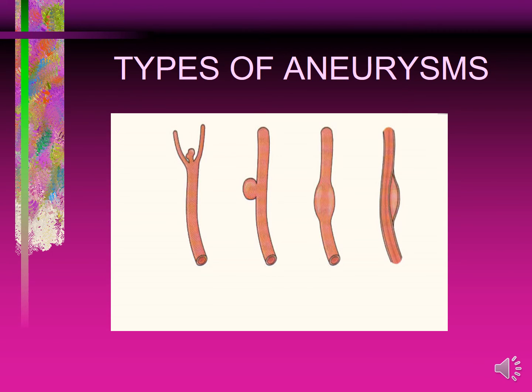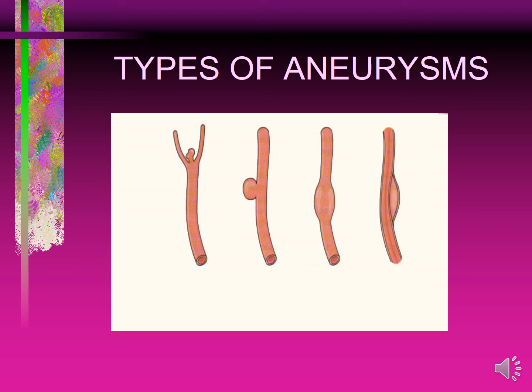There's several different types of aneurysms, and they have different names. It's not really that important, but I just thought it would be interesting for you to see what some different types of aneurysms look like. The one on the far left is right at the bifurcation of a blood vessel, and that one is called a saccular aneurysm. The next one over, this one right here, is called a berry aneurysm because it kind of looks like a berry.